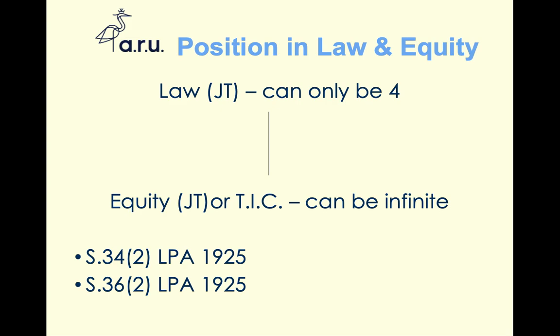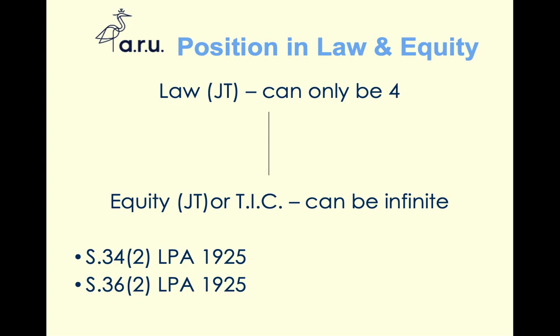Then if we think about that line that is creating a trust, up top we have potentially up to 4 trustees. Underneath, when we're thinking about equity, we can have as many beneficiaries as we like.